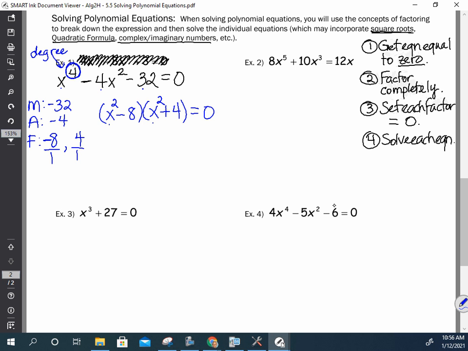It's already factored. We're going to split it up into two parts. x squared minus 8 equals 0. So add 8 to both sides. So x equals plus or minus the square root of 8, which you can break down to plus or minus 2 square root of 2.